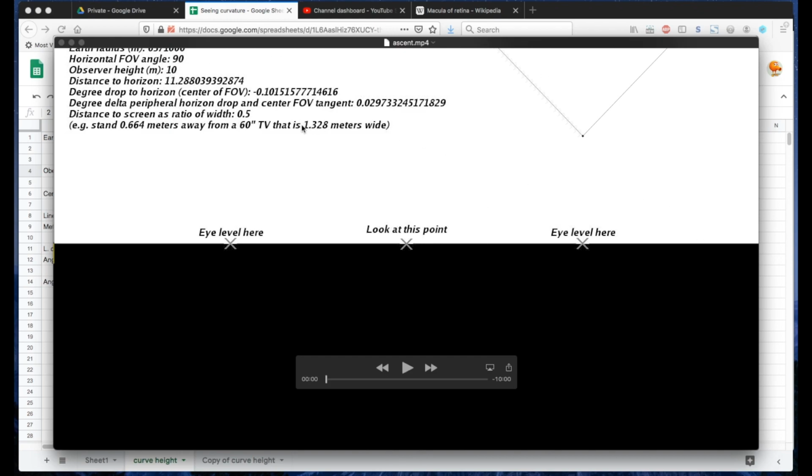If you've got a TV screen that's 1.328 meters wide, and you're standing over here looking at the TV in this direction, this represents 90 degrees. You would be standing 0.664 meters away, which is half of the width. And I created an animation that shows an ascent straight up from 10 meters to 300,000 meters.